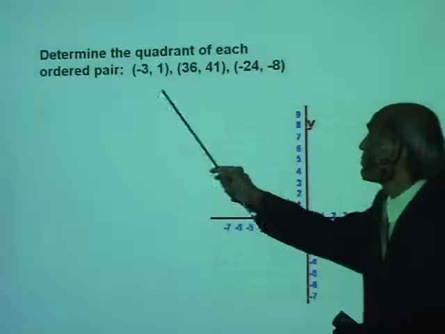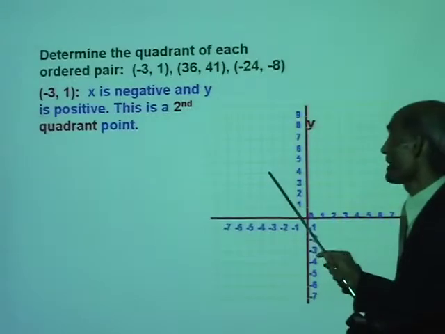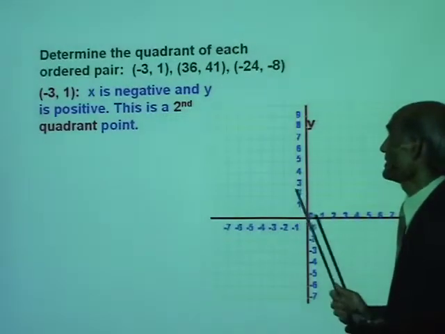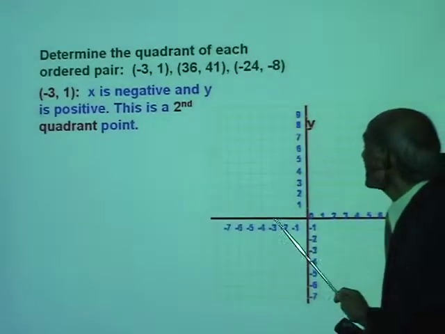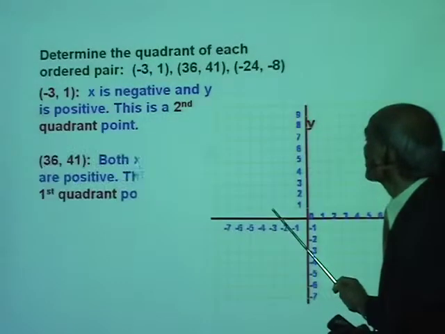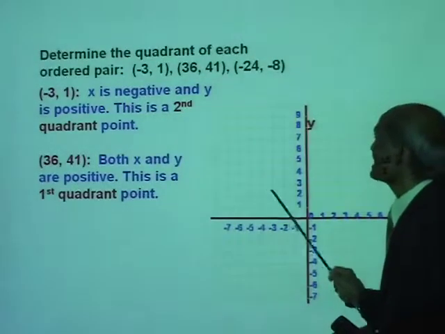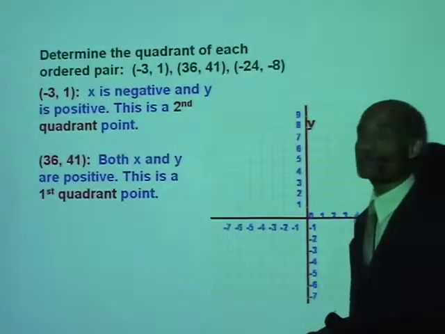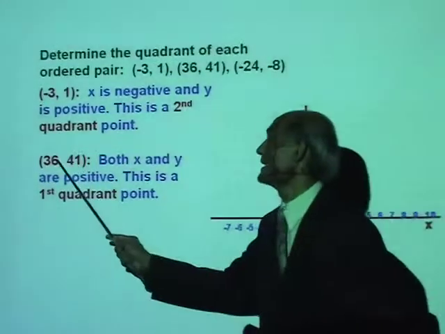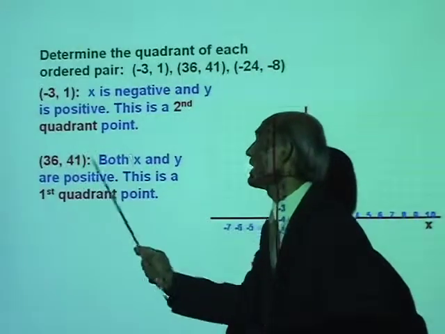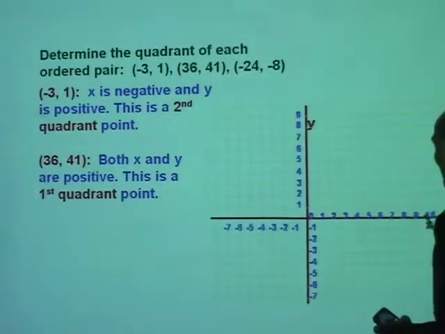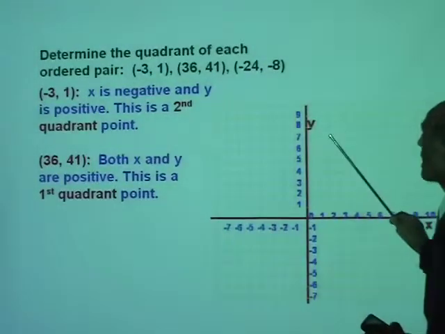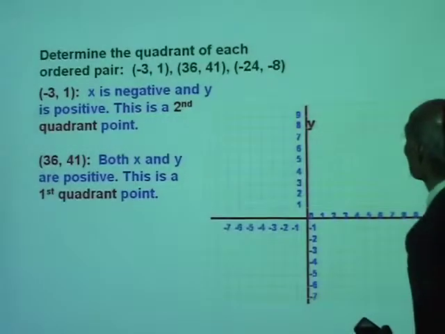Which quadrant does that point belong to? Well, it is a second quadrant point. X is negative 3, Y is positive 1. How about this? 36, 41. X is positive, Y also is positive. It belongs to the first quadrant.